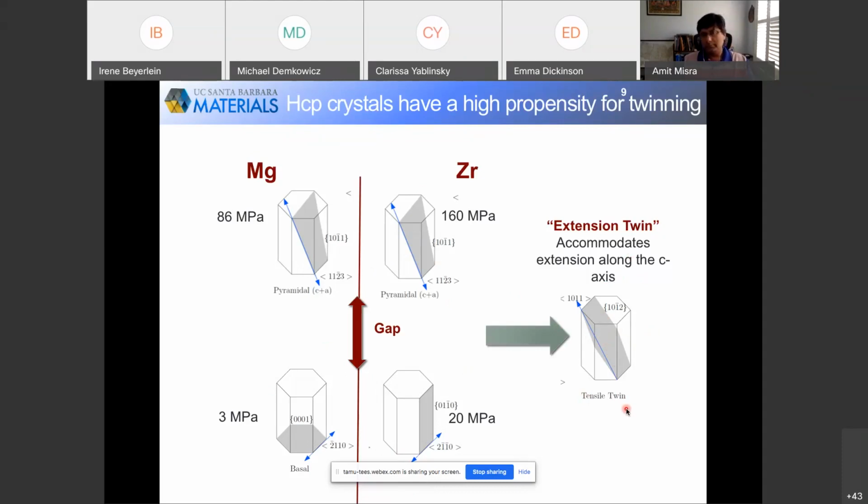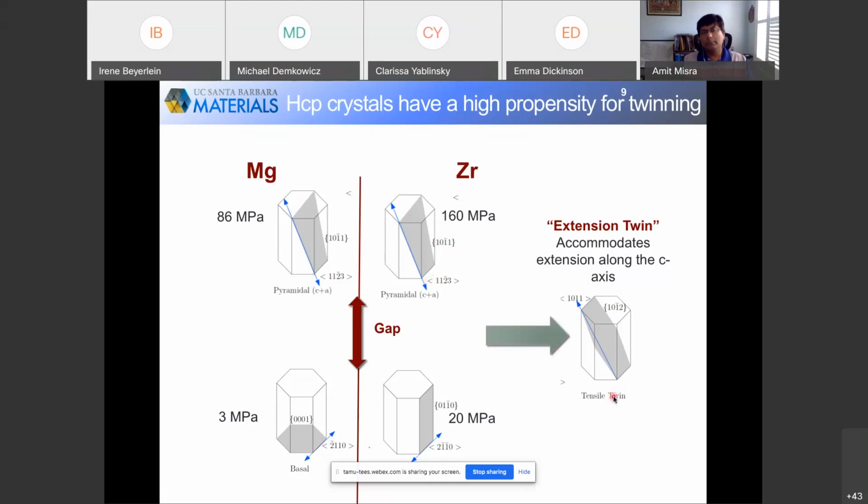Here I'm showing an example of a deformation twin system, where we can think about it in the same way we think about slip: there's a precise twin plane in which twinning will happen, and a particular direction in that plane in which it will happen. I'm just showing one example, but it is a way of accommodating the same kind of deformation that pyramidal slip does.